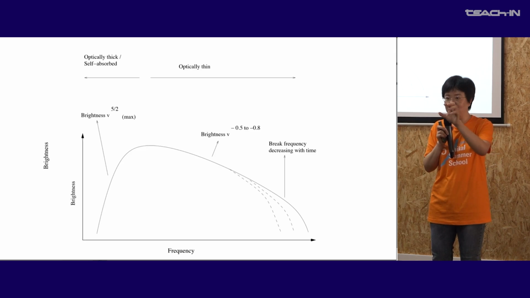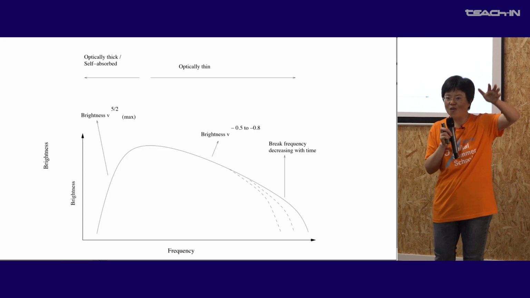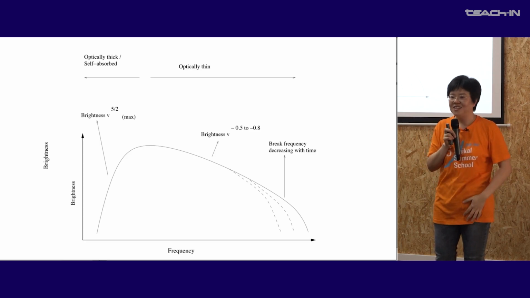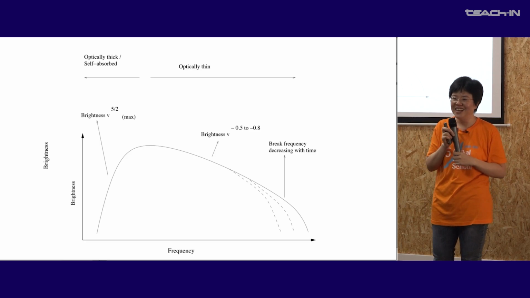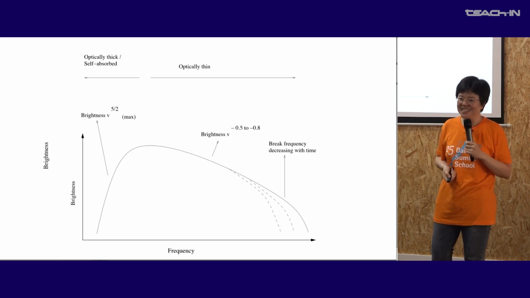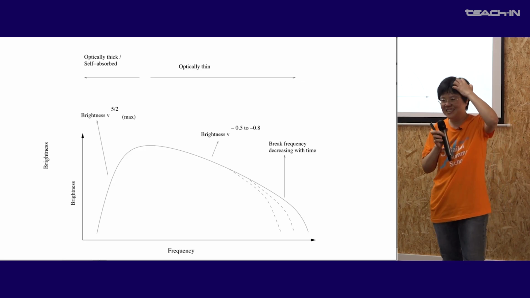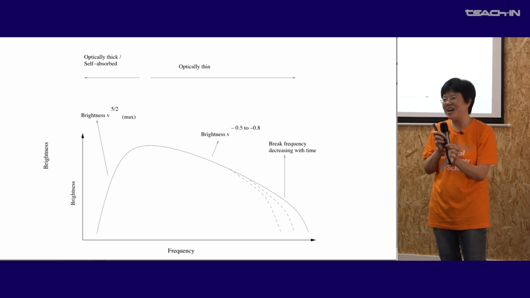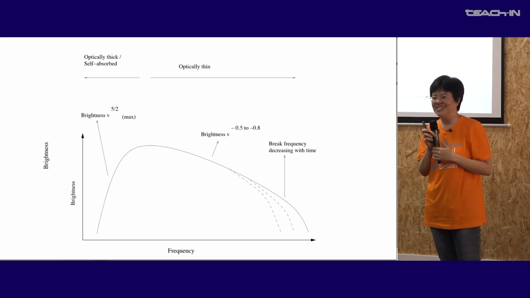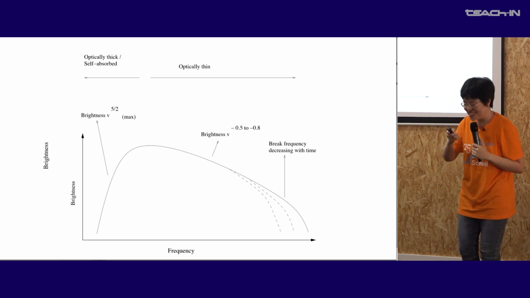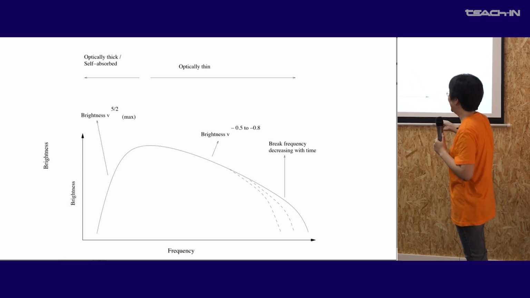The one closer to the core or further from the core has a higher age. Then you can expect what your synchrotron radiation looks like. That's a question for you.